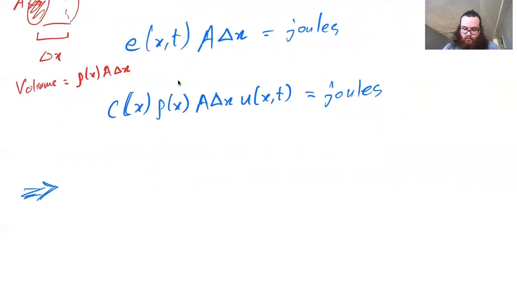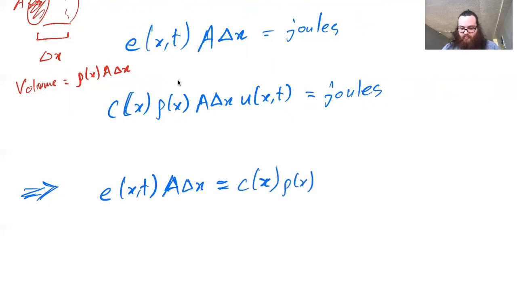So how do all these quantities relate? Well, thermal energy density times volume turns out to be whatever the specific heat is times mass density times temperature times volume.